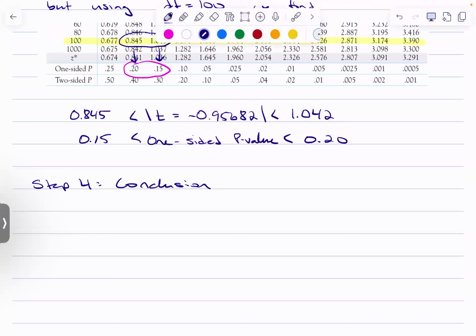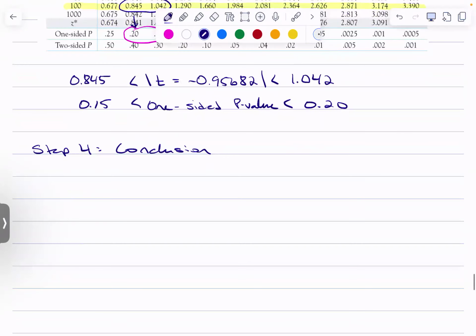Say all the things that you know. Since our one-sided p-value is between 0.15 and 0.2, you just did all that work, you may as well say it. And is that less than 0.05? It's not less than 0.05. And so let's write that down.